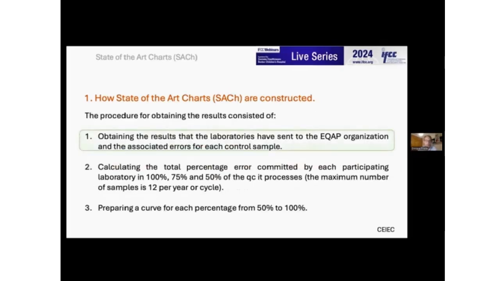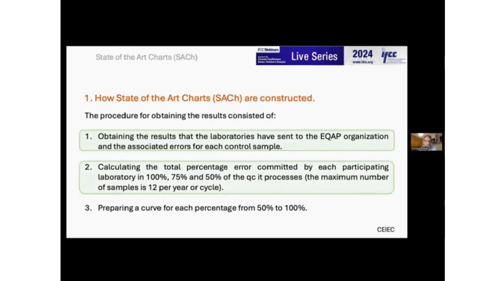How is the procedure carried out? First, obviously, we obtain the result each laboratory sends us after analyzing the control samples from external quality evaluation programs. With these results, we calculate the error assigned to each laboratory based on the target value, which is the consensus value of all laboratories using the same methodology.